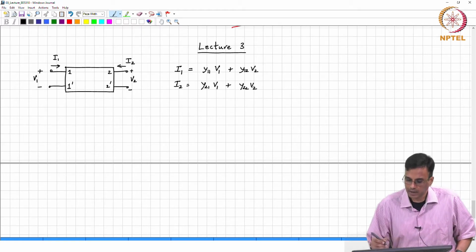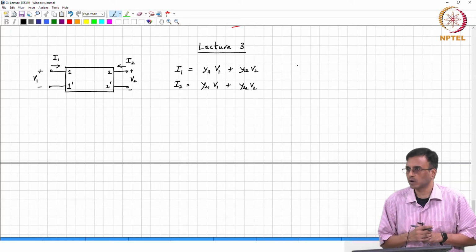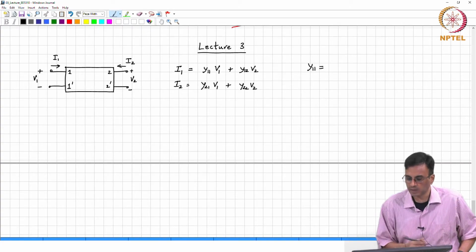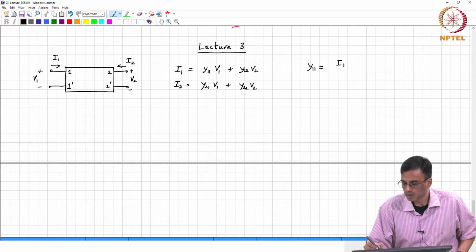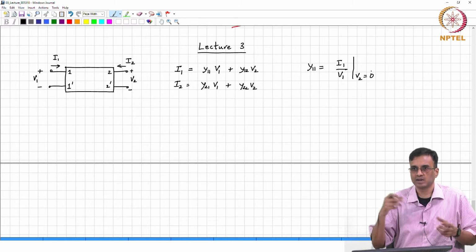Given a box, how will you find say Y11? As you can see from these equations, Y11 is nothing but I1 over V1 under the condition that V2 equals 0. And when you say V2 equals 0, it is a short circuit.